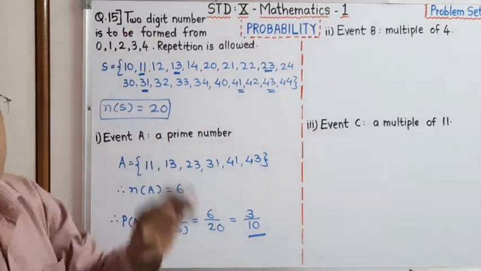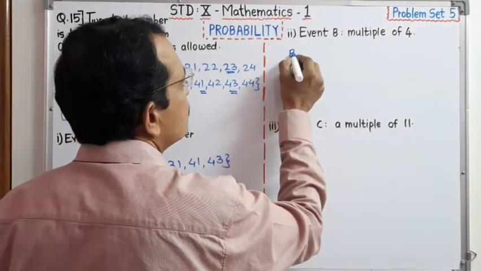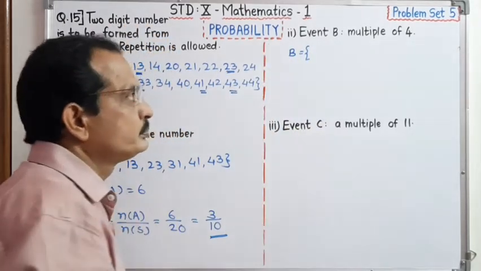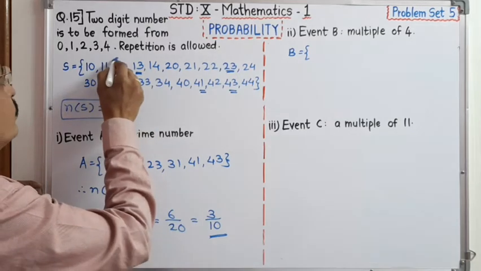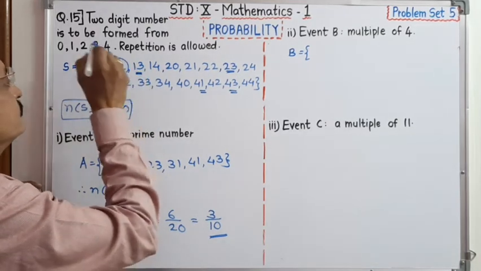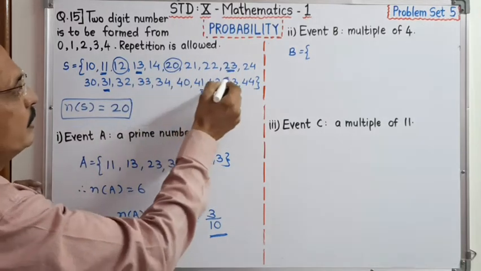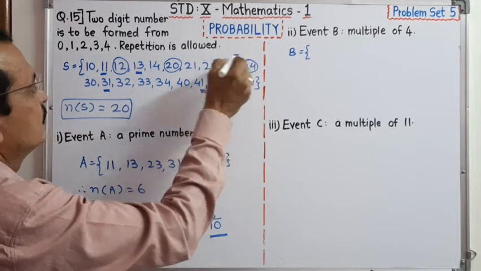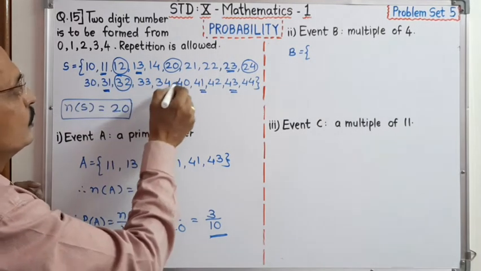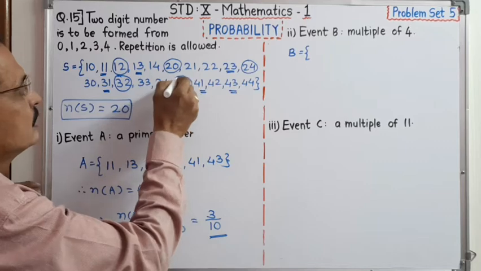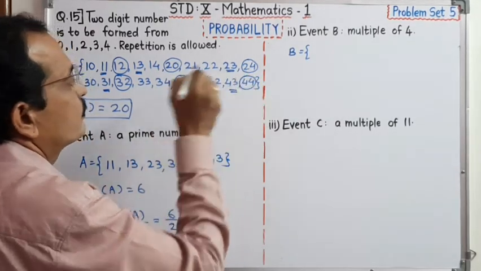Now multiples of 4. Event B is a multiple of 4. Now see, very simple. 4 3s are 12, 4 5s are 20, 4 6s are 24, 4 8s are 32, 4 10s are 40, then 4 11s are 44.